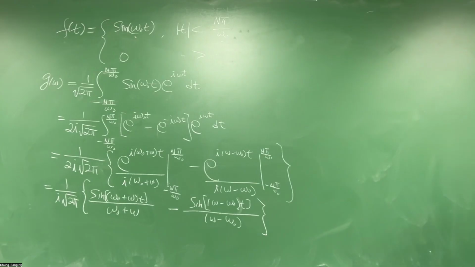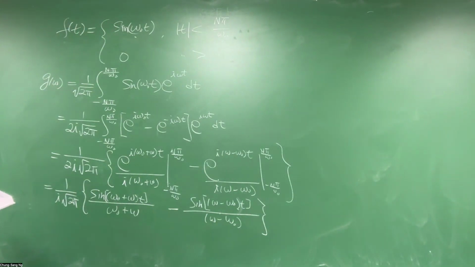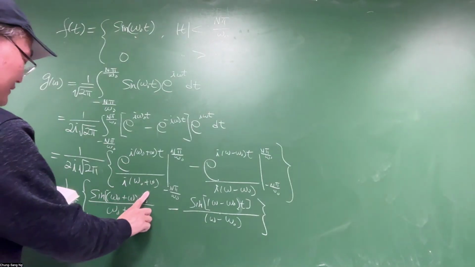See if I get it correctly in the textbook. Yeah, the textbook has this i because the textbook is using the Fourier sine series. You don't have to do a Fourier sine series because it's just the same. Okay, so oh yeah, I forgot this.